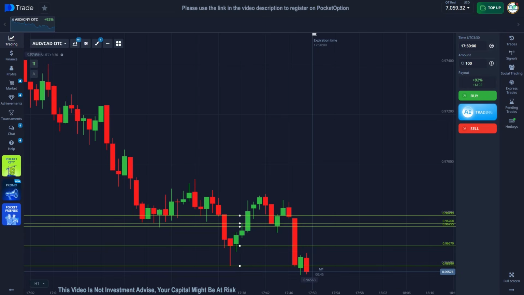We wait. The power is still in the hands of sellers. A lower high has formed compared to the previous high. You can see that our green candle has crossed the level.